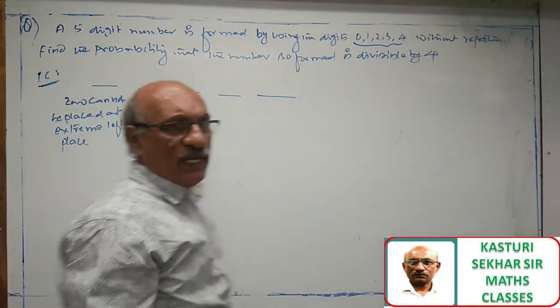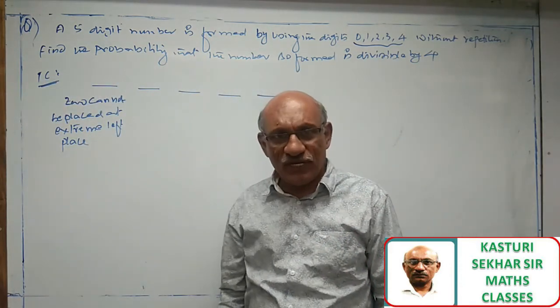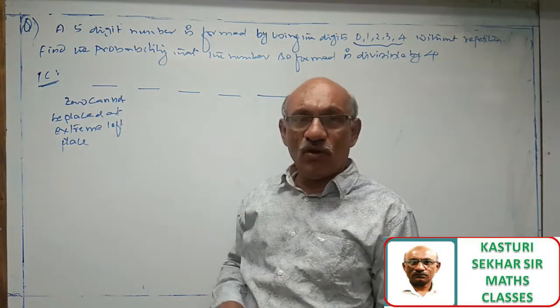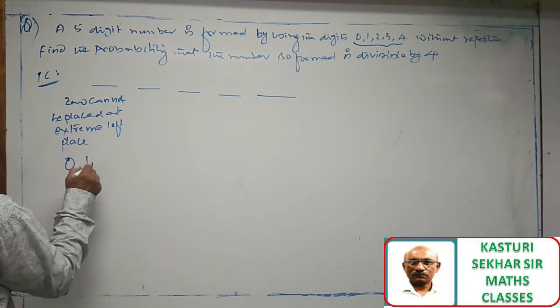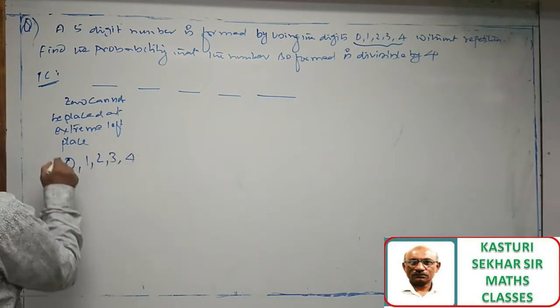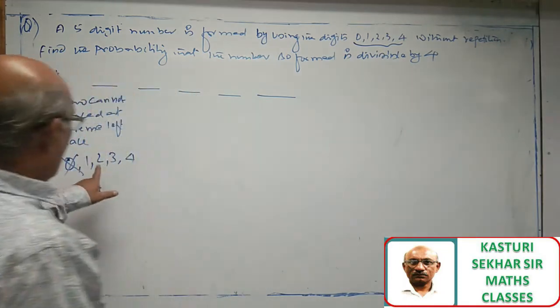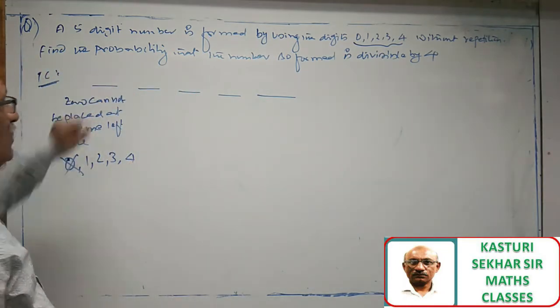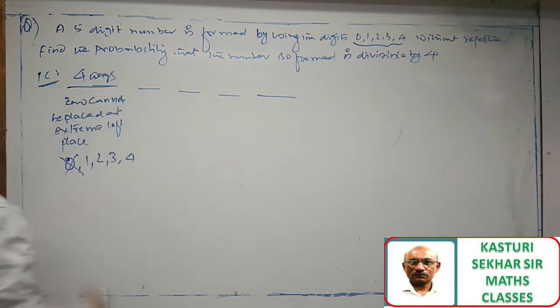If I put 0 at the extreme left place, this can be treated as a 4-digit number. So 0 is ruled out here. You can put any one of these 4 numbers here, so this place can be filled in 4 ways.